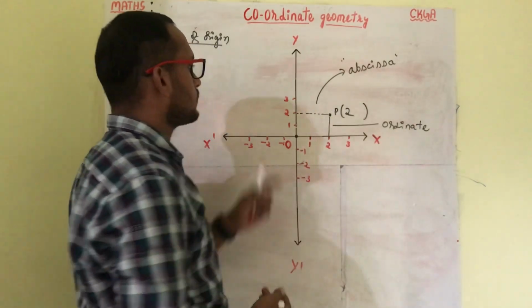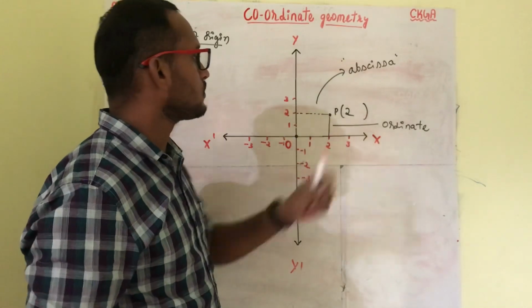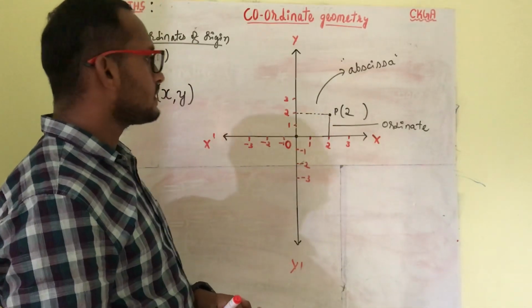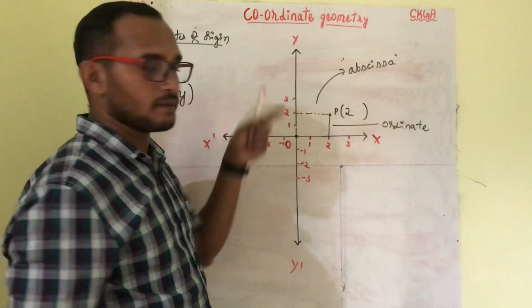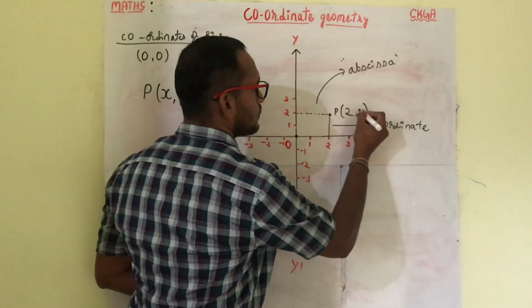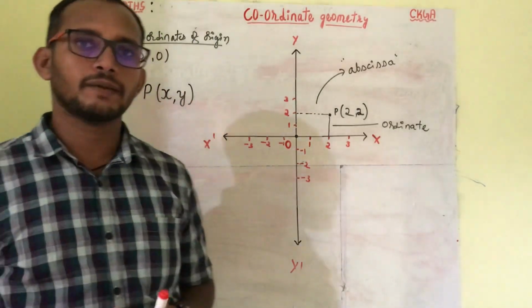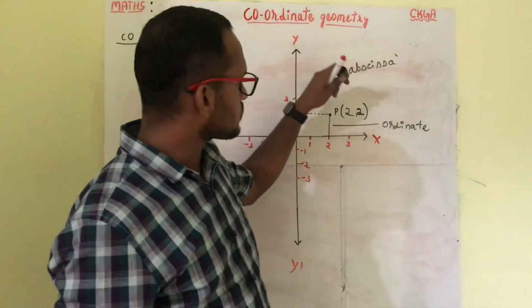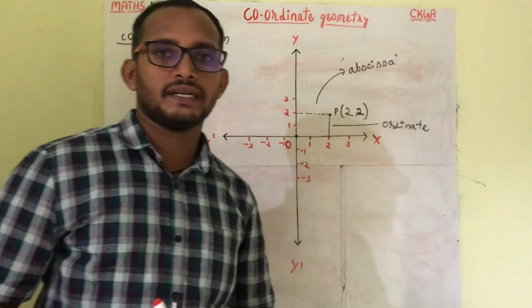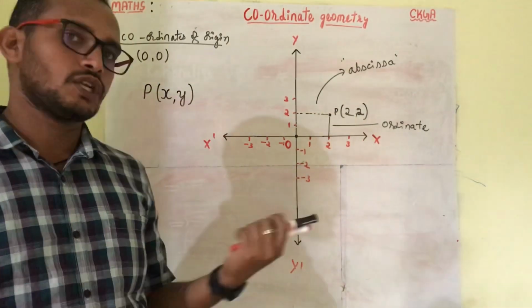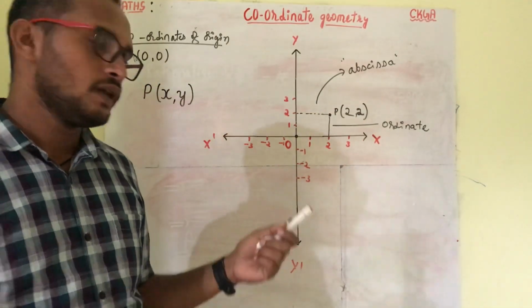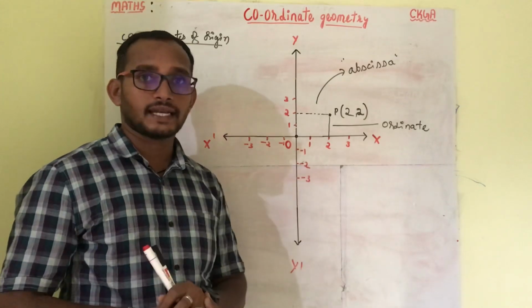The perpendicular distance from the y-axis to the given point is 2, and the perpendicular distance from the x-axis to the given point is 1, 2. So the coordinates of the point P, when we plot it in the first quadrant, are (2, 2). That's what you have learned about locating a point on a Cartesian plane.